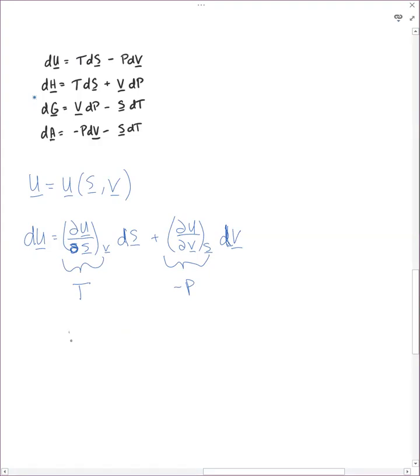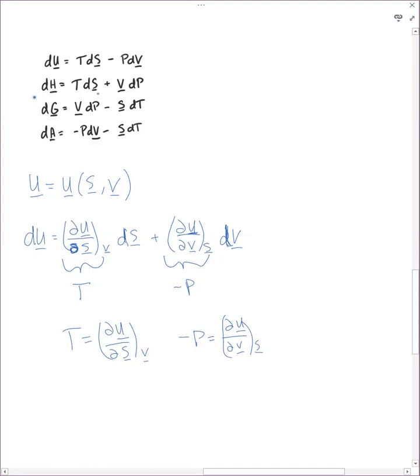So these are helpful identities. So we can say that T is equal to dU/dS at constant V, and minus P is equal to dU/dV at constant S. And these are, again, always going to be applicable. I forgot my underbar there.